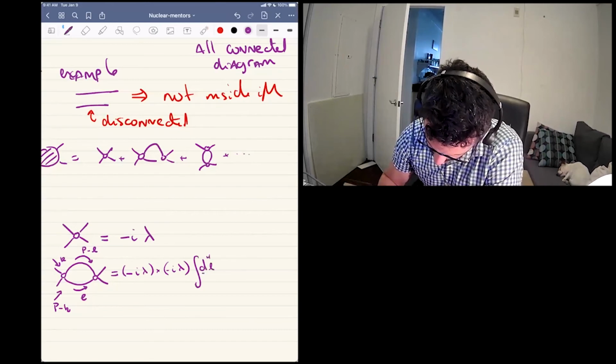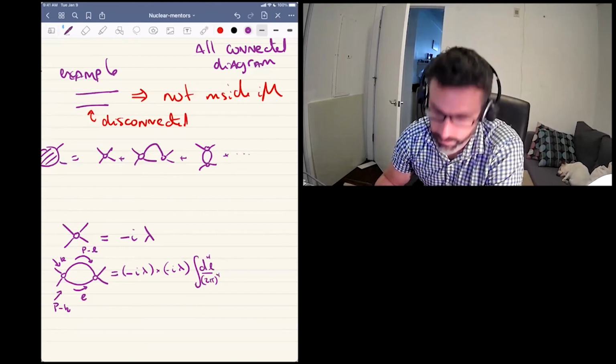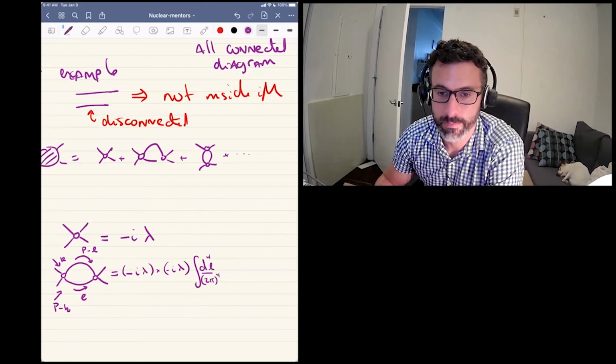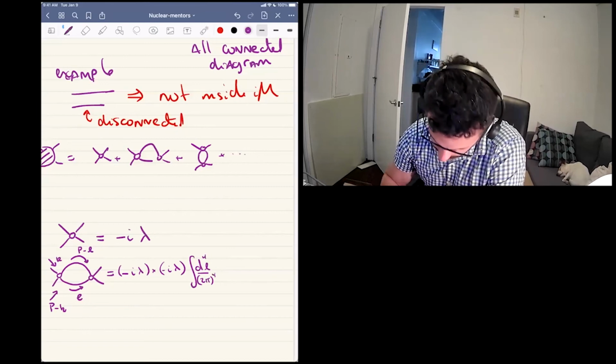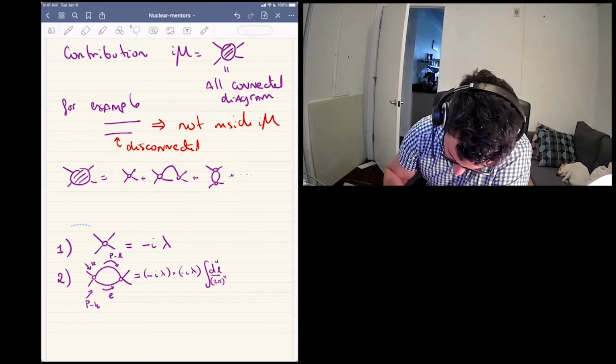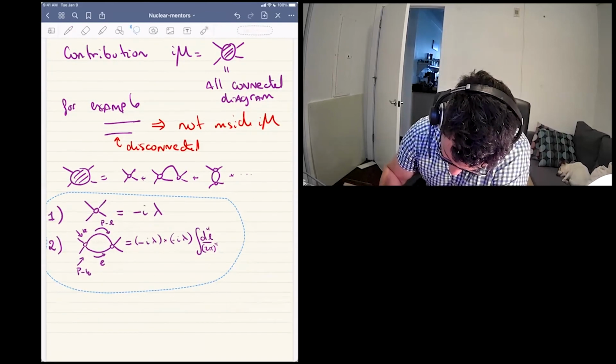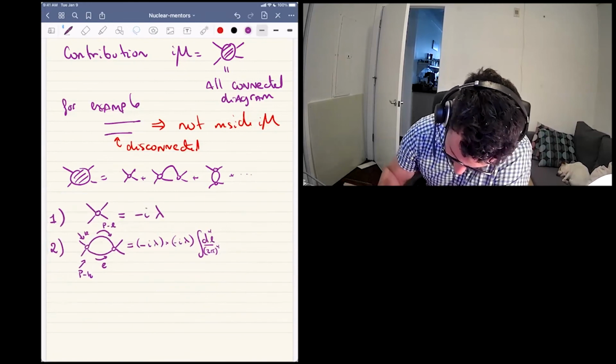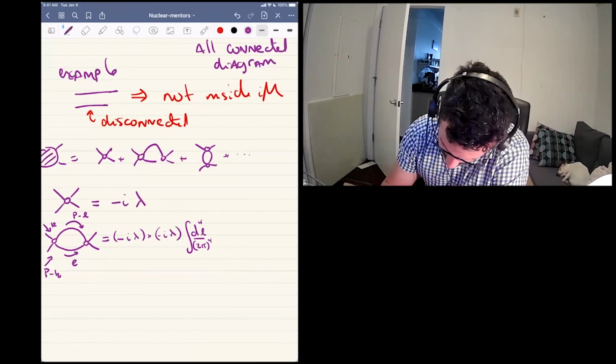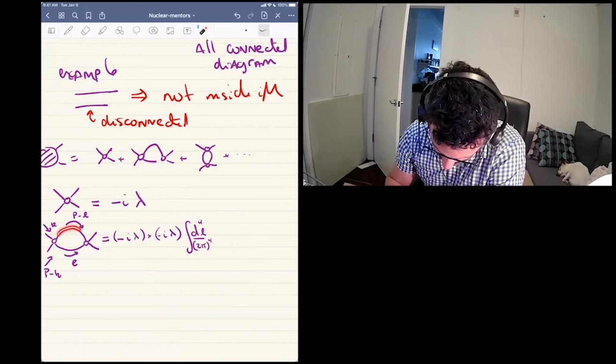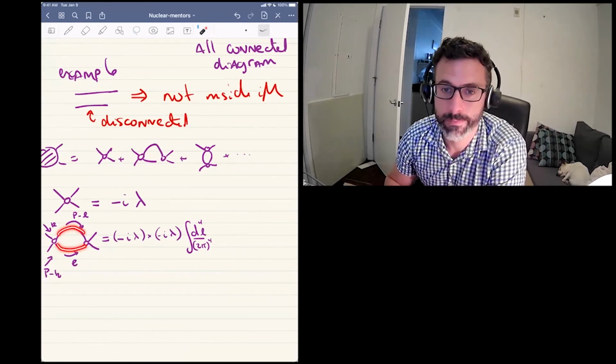And it's a 4-dimensional integral. So I have to integrate over that. And I have propagators in between.